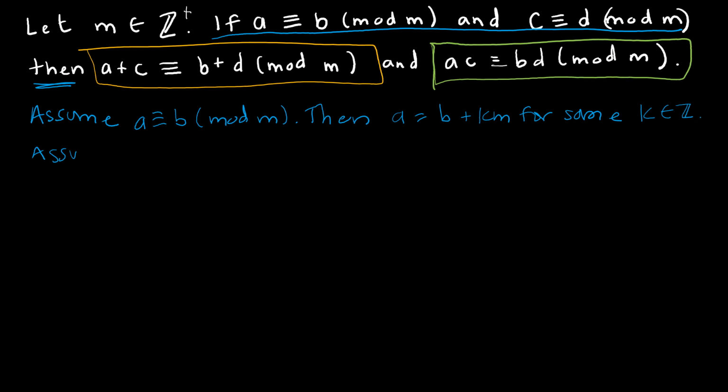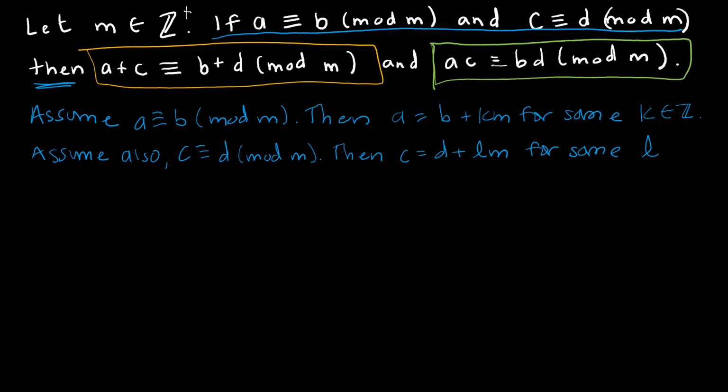Assume also C is congruent to D mod M. Then C is equal to D plus Lm for some L that is an integer.